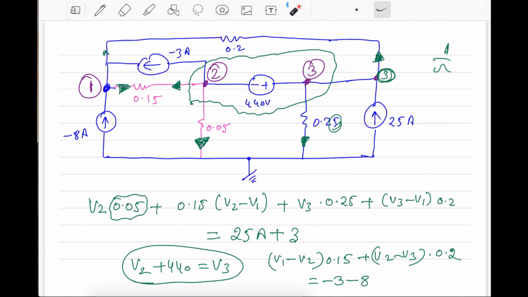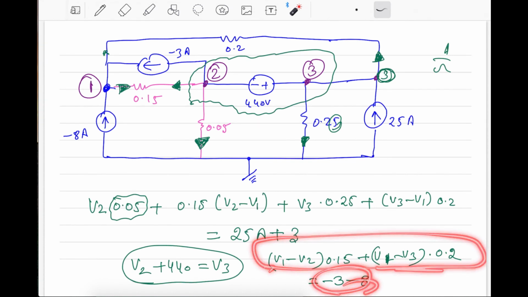Sir, it should be V1 minus V3, no? Yeah, sorry, it is V1 minus V3. So it is leaving the node here, right? So these two will be equal to the current entering the node.